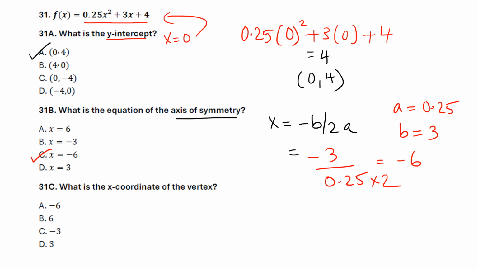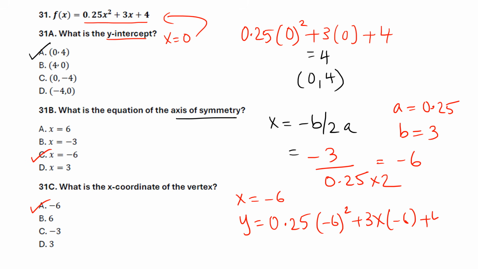This is your answer. Now what is the x coordinate of the vertex? Minus 6. Now see, the x coordinate is minus 6. For example, if they ask you for the y coordinate also, then this is additional information. We will put the value of x in the given equation, using substitution. Wherever there is x, just plug in the value minus 6 and solve using the calculator. So this will come out to be 0.25 times 36 minus 18 plus 4.